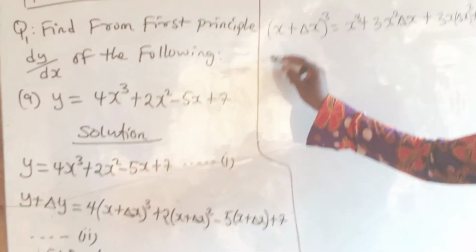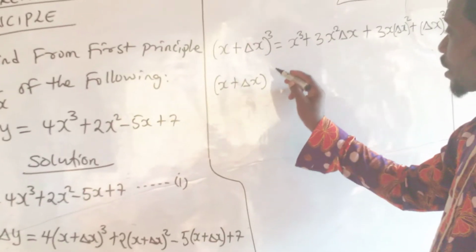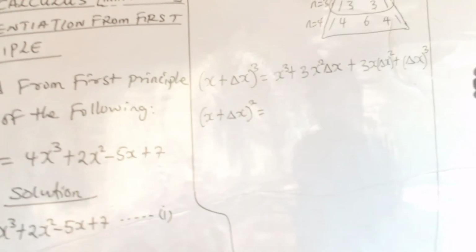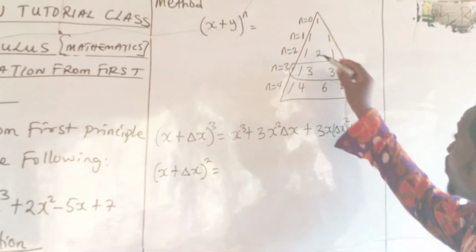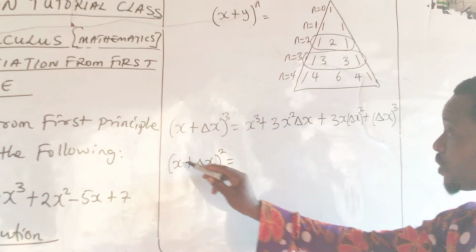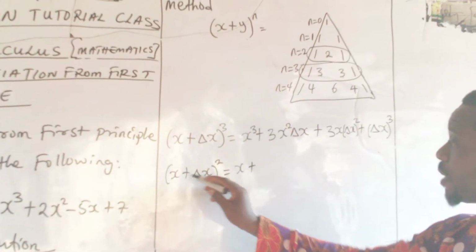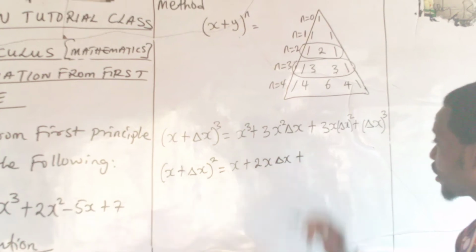So if you pick s plus delta s raised to the power 2, what will it give you? You go to your triangle again. That place you have the power 2, see it here. So because of this one, you write s. You pick these 2 now, combine these 2. 2s change in s.